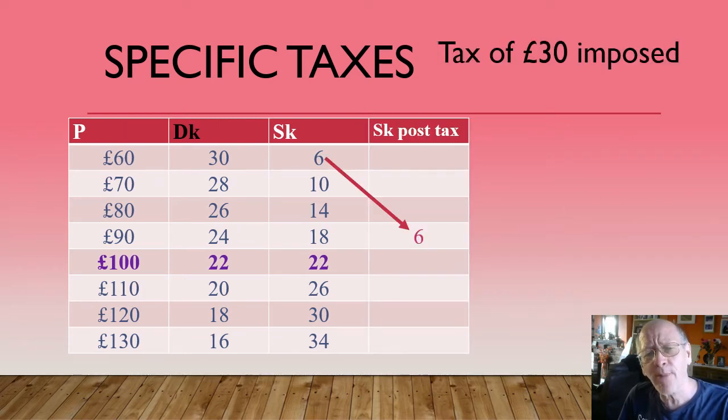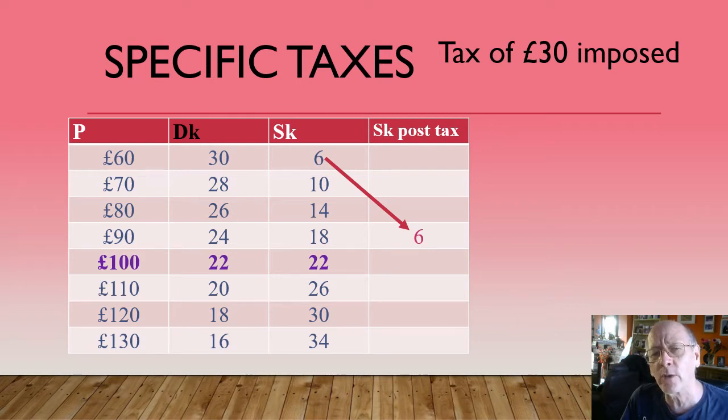Now you can see the impact of that. So if, for example, the firm wants to sell 6,000 units at a price of £60, then the price that the consumer will be paying will have to be £90 for that 6,000 units to be produced. Because if the consumer pays £90, then that means that the producer receives £60, and the supply curve tells you that at that price they are prepared to supply 6,000 units.